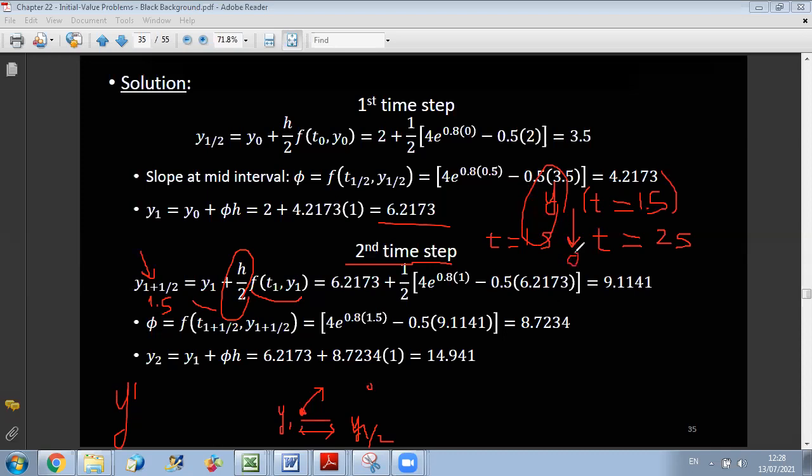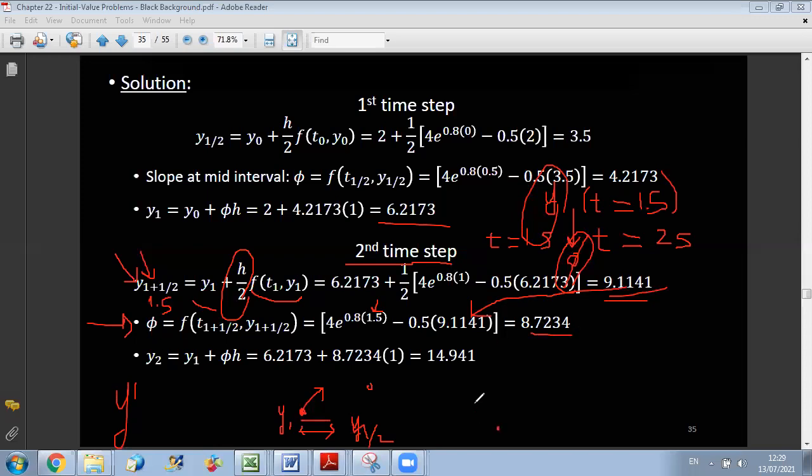So I need to find phi at the midpoint, because in the midpoint method, I consider that the mean slope used in the interval 1, 2 is phi at 1.5. So once I got y at 1.5, I'm ready to evaluate phi at t1 plus half and y1 plus half. Already t is 1.5, I know it. And y1 plus half I calculated from the previous step. I just have to replace it. So I get phi.